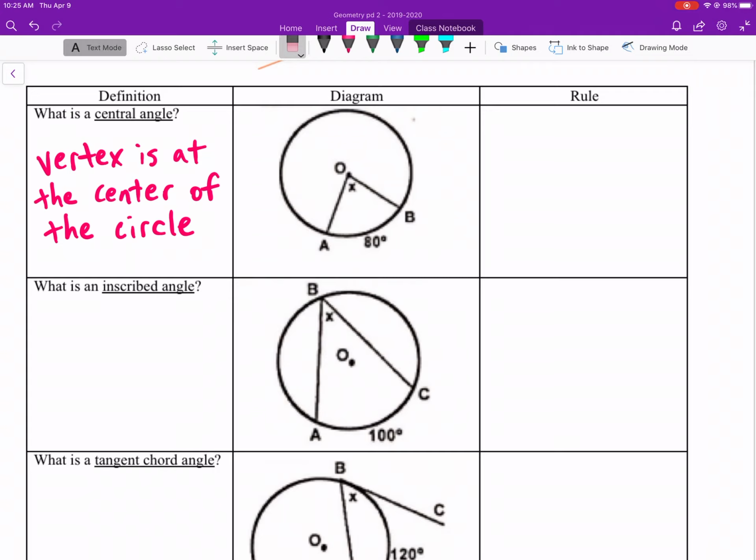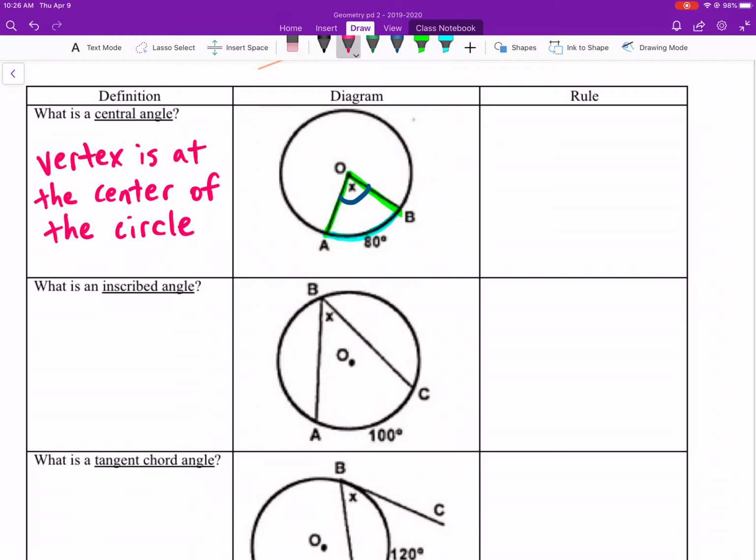So what's the rule? If I make this angle with the two radii there and there, that angle is inside the circle. Now this angle opens up and hits an arc. That arc right here that the angle opens up and hits is called the intercepted arc.